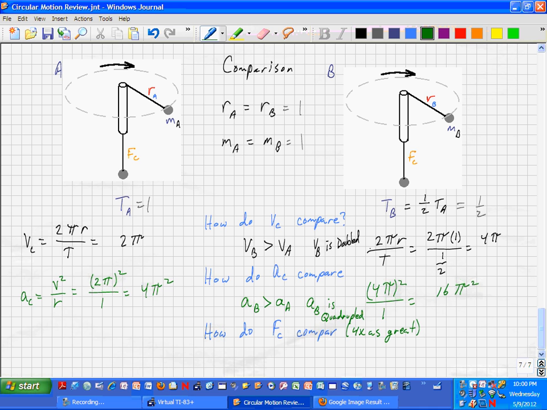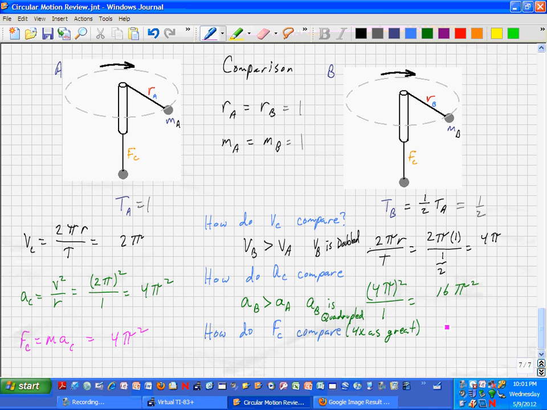All right, last one is, how do the forces compare? So let me go ahead and see how the forces compare. Again, I'm going to put the equation in. Force centripetal is going to be equal to mass times acceleration centripetal, which is going to be 1 times 4 pi squared, which is going to give me 4 pi squared.